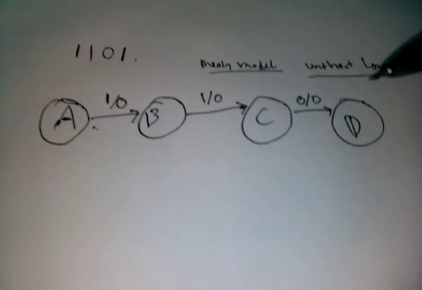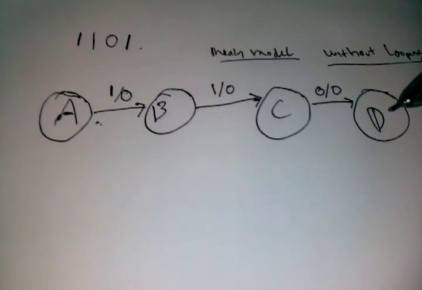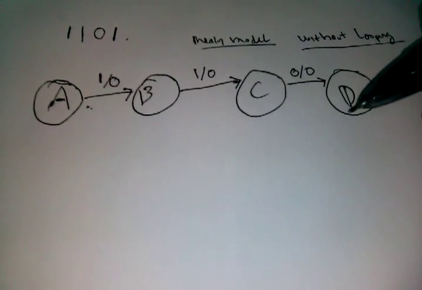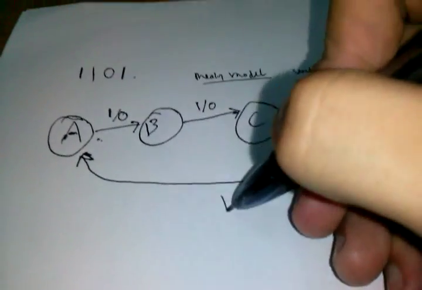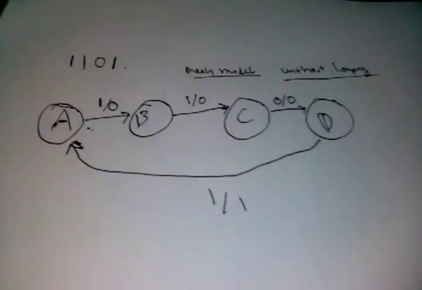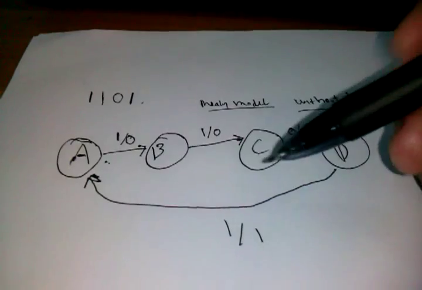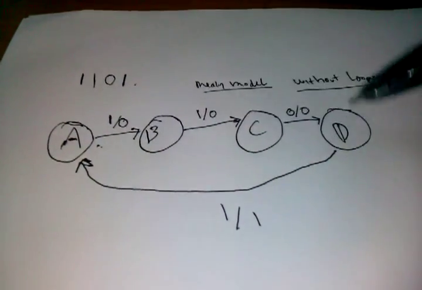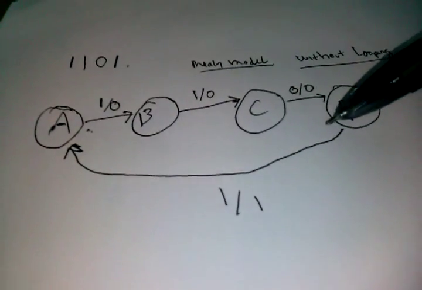Because if in state D the diagram gets 1, it will go back to A. So this is 1 over 1. Why, if state D gets 1, does this state go to state A?